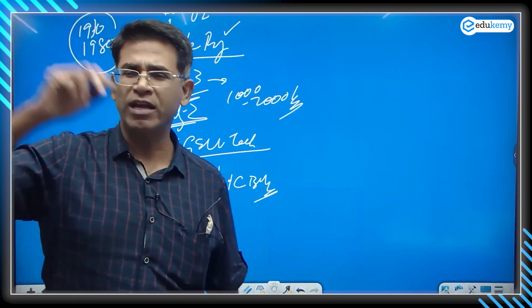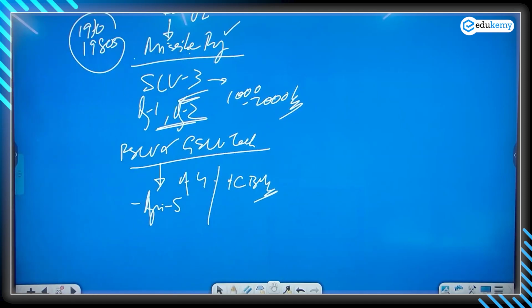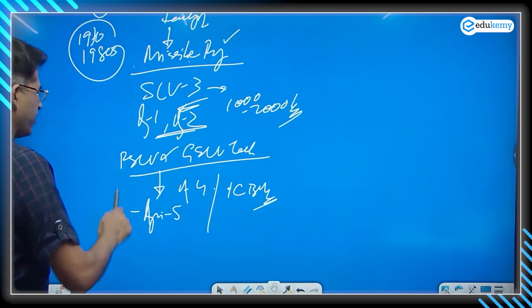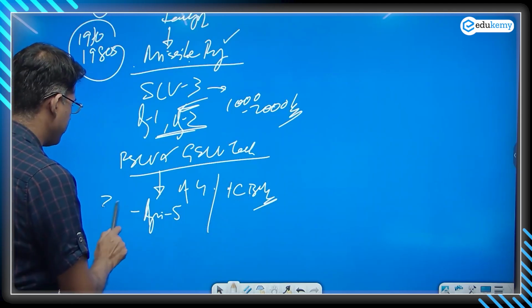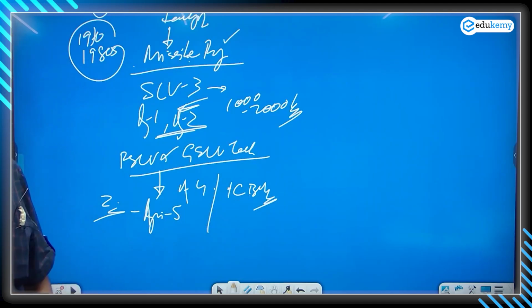The distance between Delhi and Beijing is approximately 2,500 to 3,000 kilometers. The first stage was conservative. Now India has ICBM capabilities with PSLV and GSLV rockets.